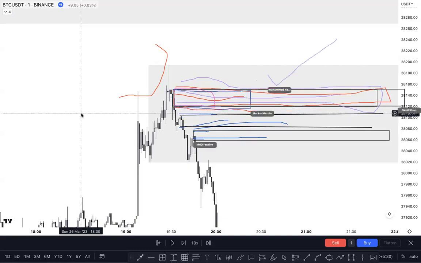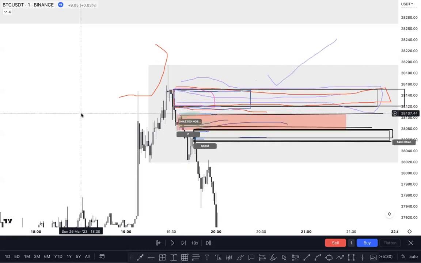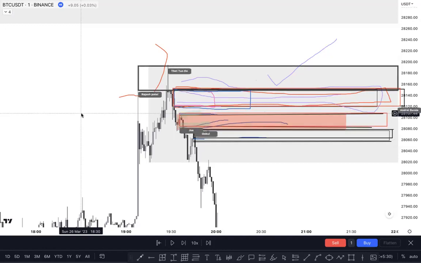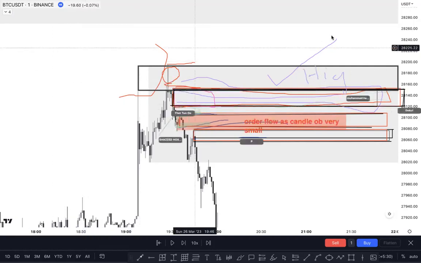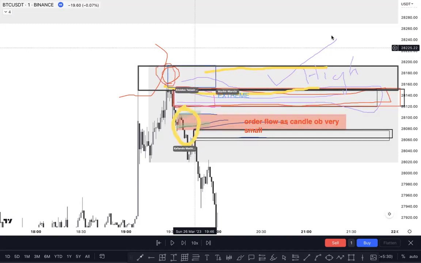Perfect. The order flow candle is very small. There are a lot of order blocks here actually.